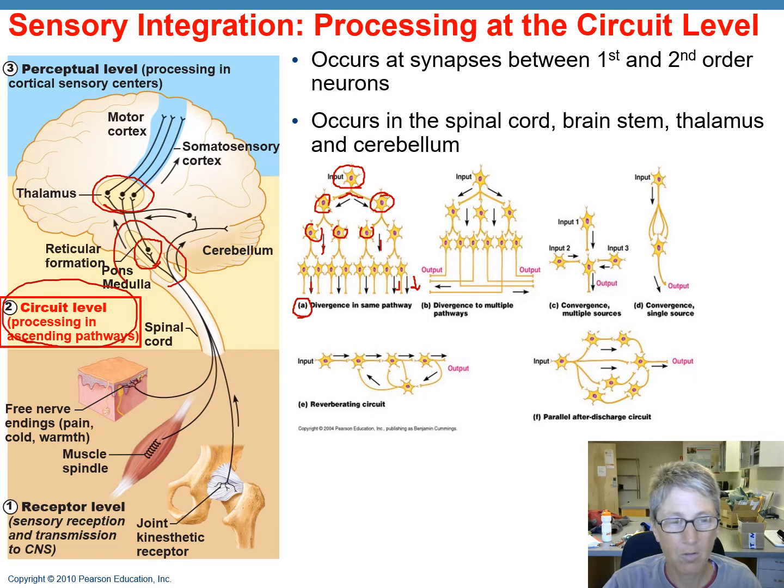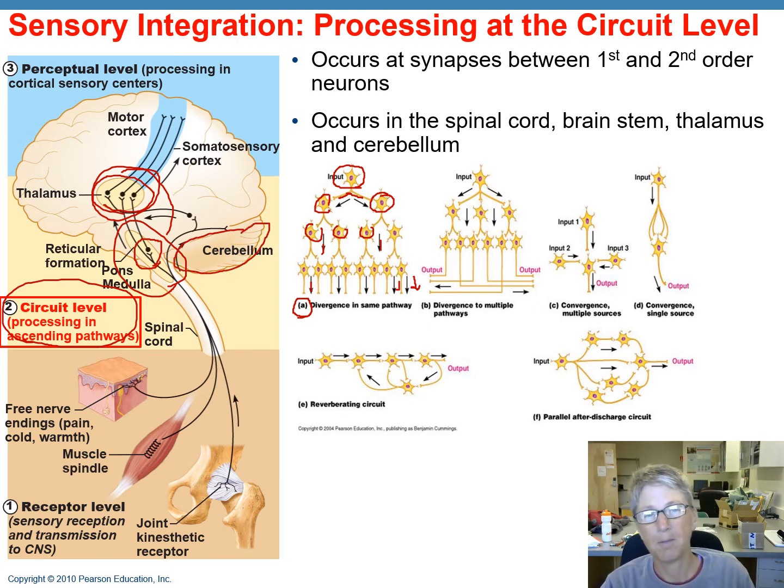So this area is the brain stem. Here's the thalamus. And then the cerebellum is down here. So you can have circuit level processing of sensory information at these anatomical structures: spinal cord, brainstem, thalamus, and cerebellum. And then the circuits could look like any one of these guys. So this cartoon is all about circuits.